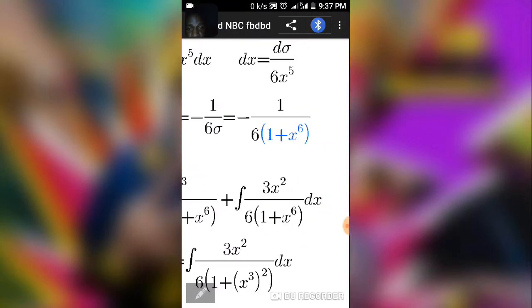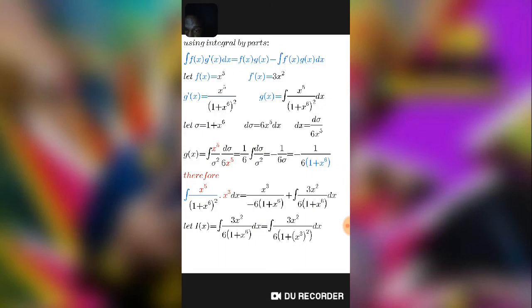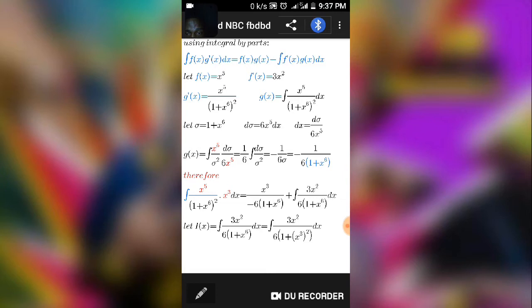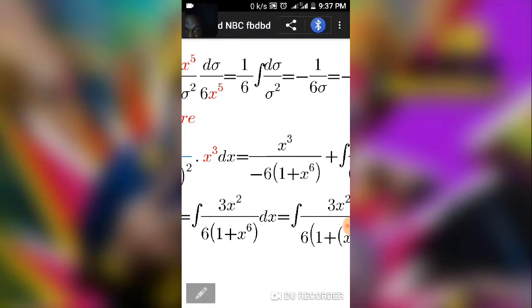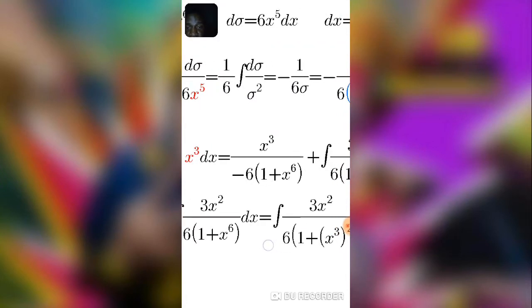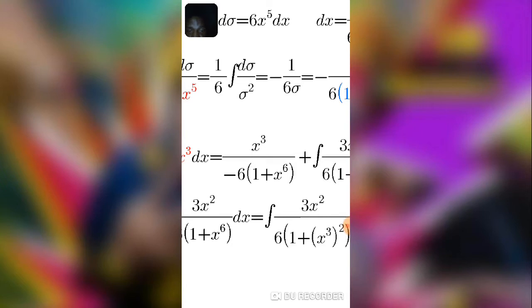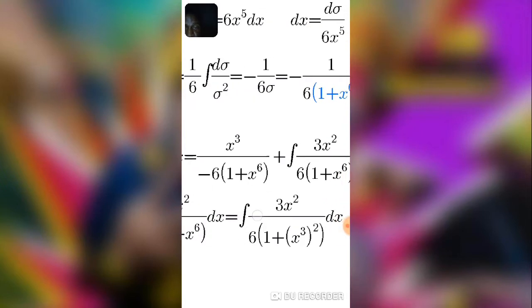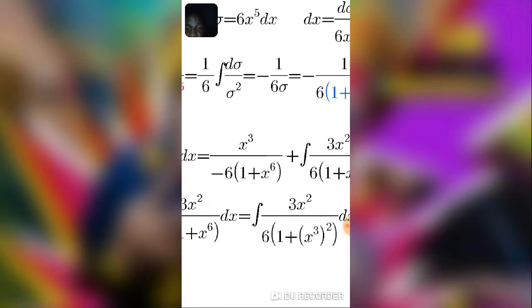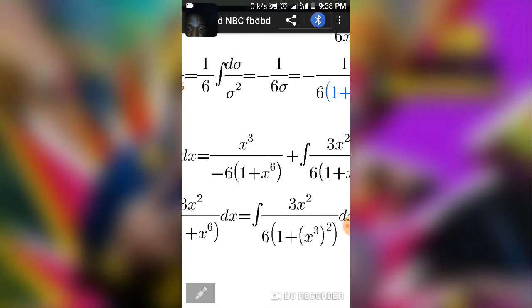So let's solve this first. So we let I of x equal to that, and all I just did here is that since we have x raised to the power 6, I make it more simple so that it looks nicer. So we could let u equal to something before we do our u substitution. So we have, of course, using index law, x to the power 6 here.